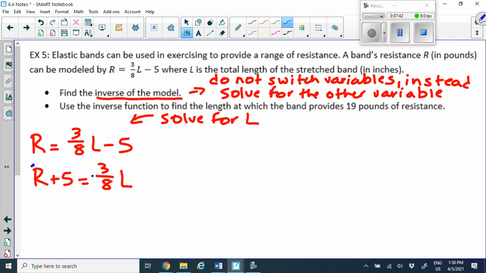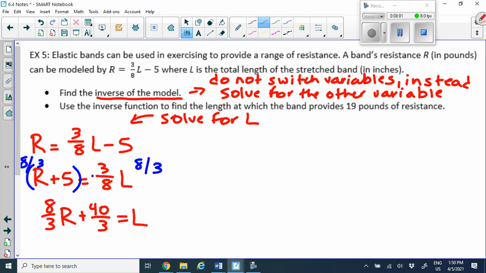So that's going to be 8/3. Now I'm going to take my 8/3 and multiply by the R and the 5. So I get 8/3 R plus 40/3 equals L. So this is going to be my inverse model.